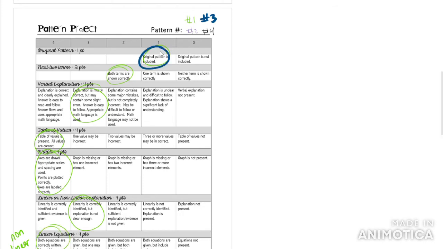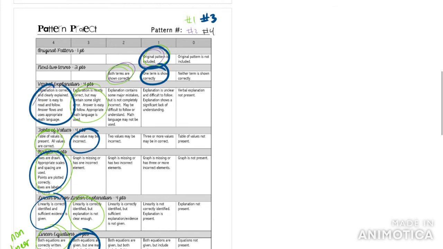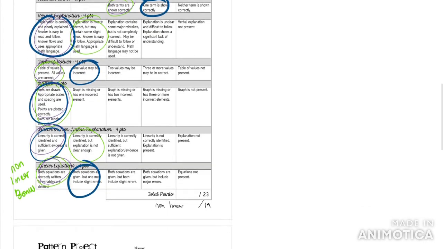So if you're wondering how you did on the pattern 3, you would follow the blue circles. And this is just to save paper, and mostly I find people get roughly around the same for each one, so it's usually pretty organized, and it just saves on paper.